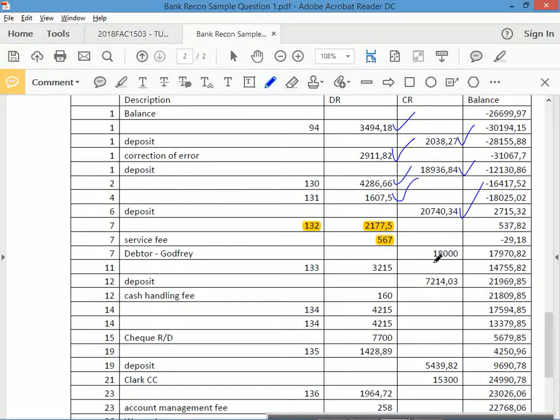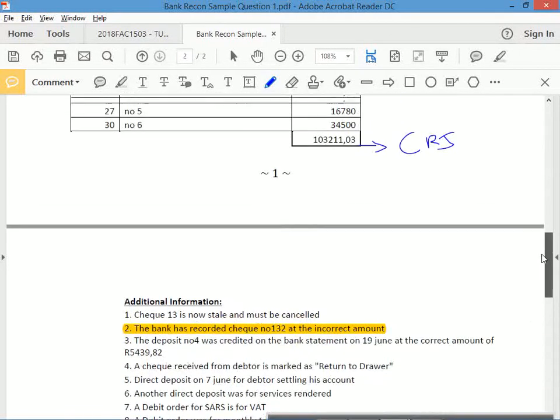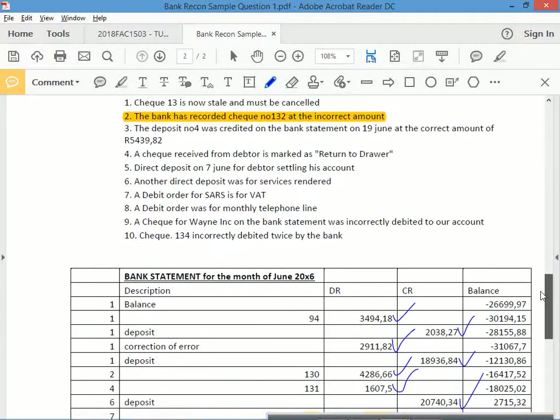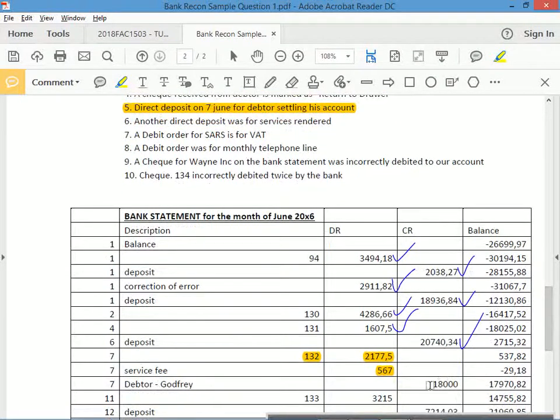18,000 debtor. Is it in the cash deposits? No. So we need to look for this information. There was a direct deposit on the 7th of June. There it is. Highlight this one. Whose books are correct?